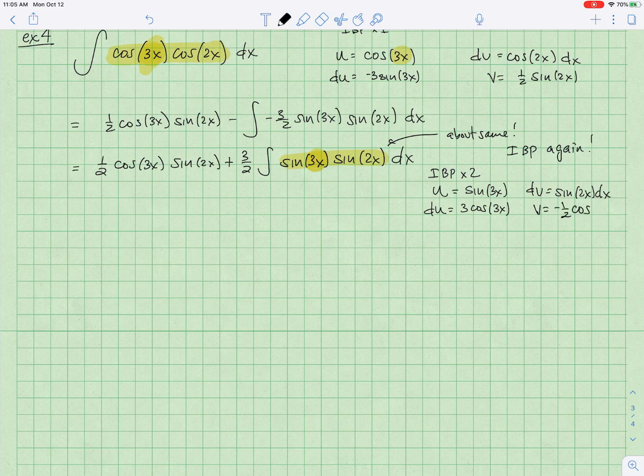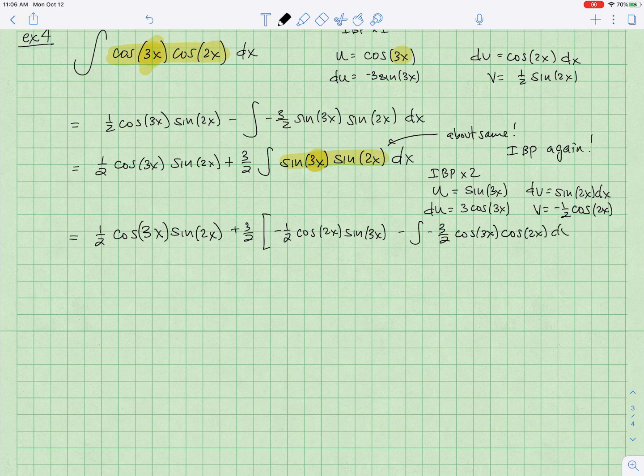In this round of integration by parts, I get 1/2 cosine 3x sine 2x plus 3/2, and then I'll throw some parentheses in here. And this will be uv, negative 1/2 cosine 2x sine 3x, minus the integral of negative 3/2 cosine 3x cosine 2x dx.